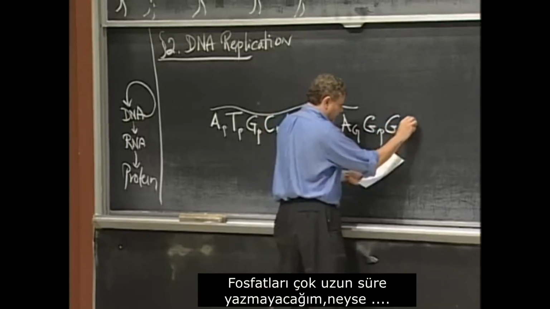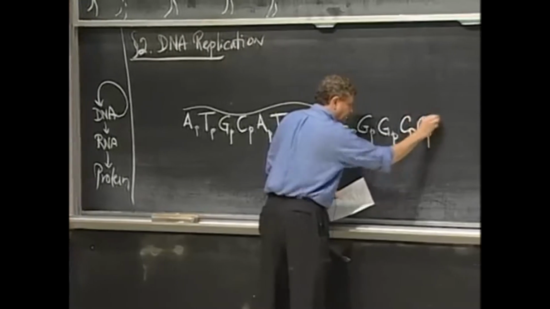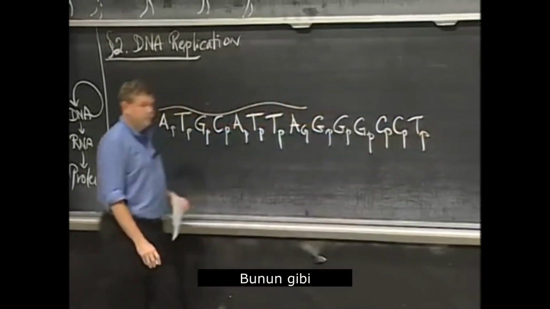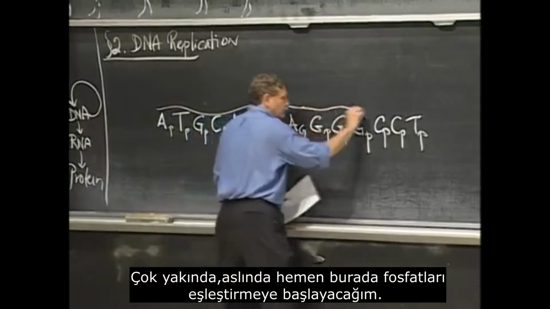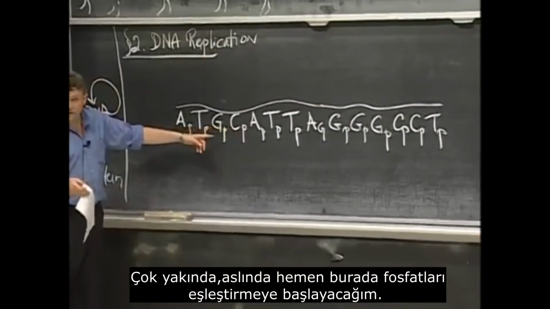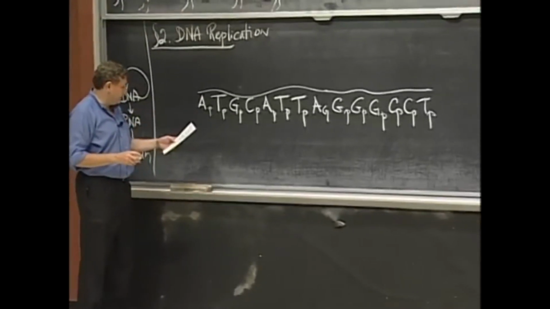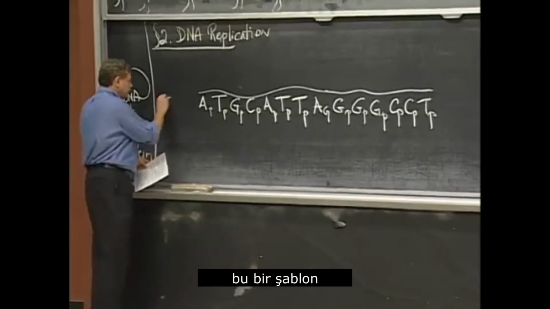I'm not going to write the phosphates much longer, guys, but anyway, C phosphate, T phosphate, like that. Pretty soon, in fact almost immediately, I'm going to start dropping the phosphates in here, but that's the way it goes. That's a template.